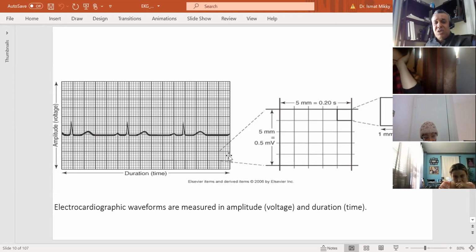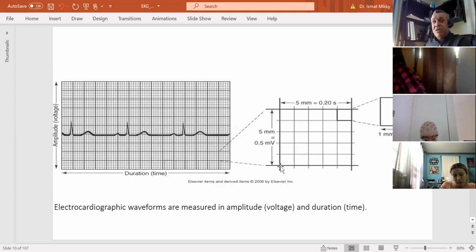Let's take this one, which is magnified here. The x-axis measures the duration it takes for the impulse to move from the SA node to the AV node. How long it took the impulse to travel from the SA node to the AV node.